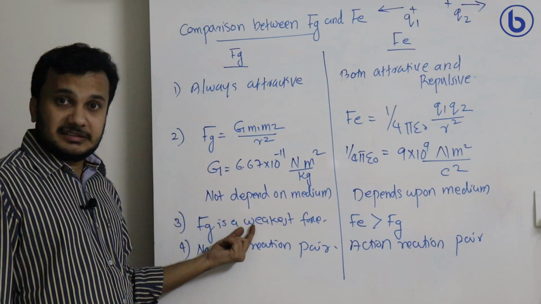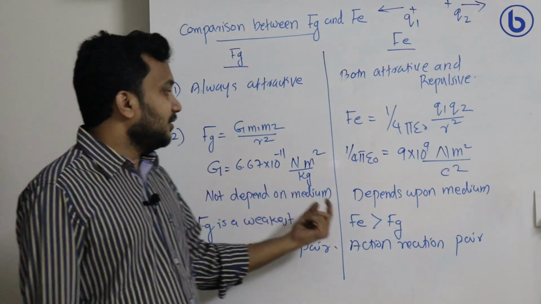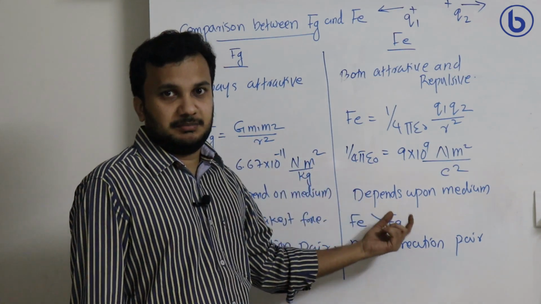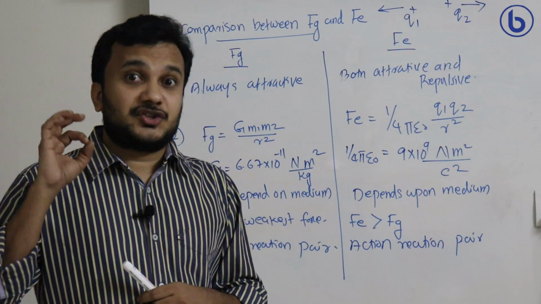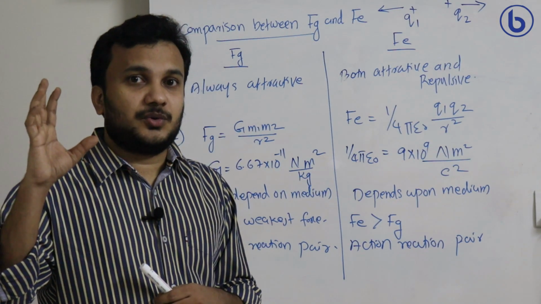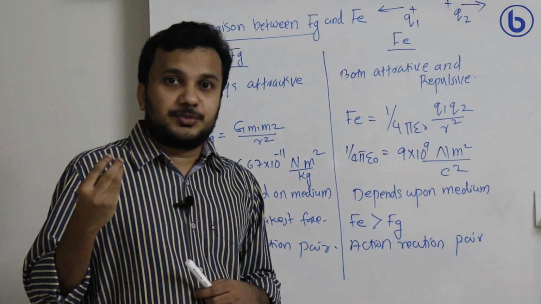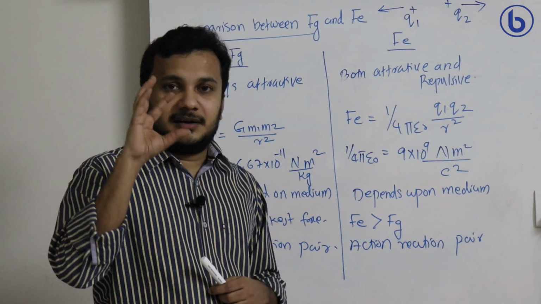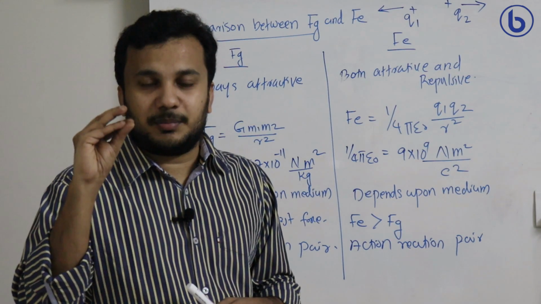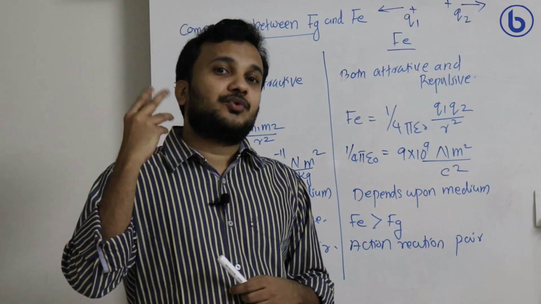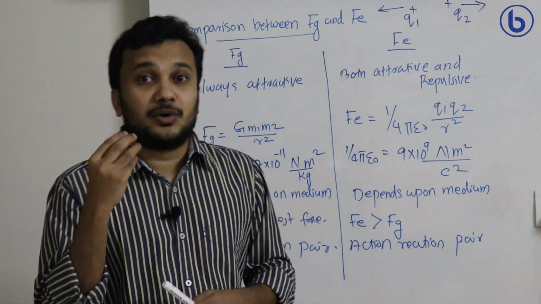Gravitational force is the weakest force, and the electrical force is stronger than gravitational force but not very high. Which is the strongest force in the universe? That is called nuclear force. An atom consists of a central core called the nucleus. The nucleus consists of neutrons and protons, which are called nucleons.